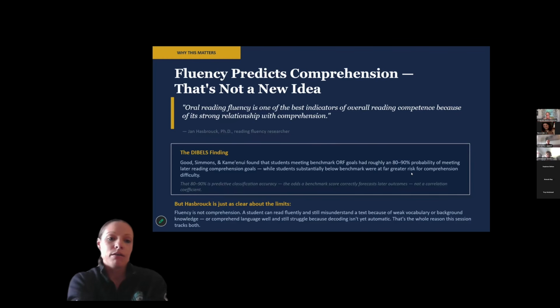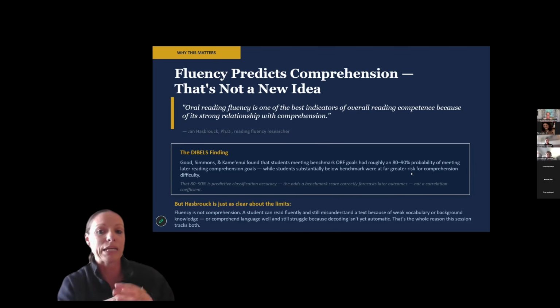Jan Hasbrouck is one of the researchers very well known in the world of fluency. She has said that oral reading fluency is one of the best indicators of overall reading competence because it has a strong relationship with comprehension.